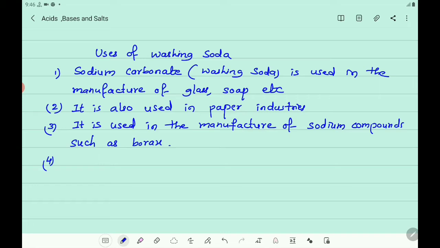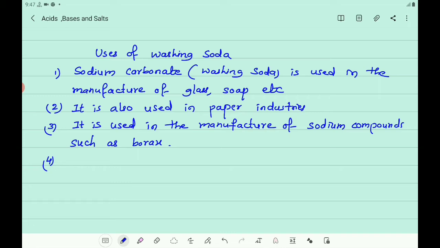Then also take one more use. It is used to remove the permanent hardness of water. You know that hard water will not produce lather with soap. It produces scum. And there are many disadvantages of hard water. So to avoid these disadvantages, we have to remove the hardness of the water. There are two types of hardness depending upon the salt present in the water.